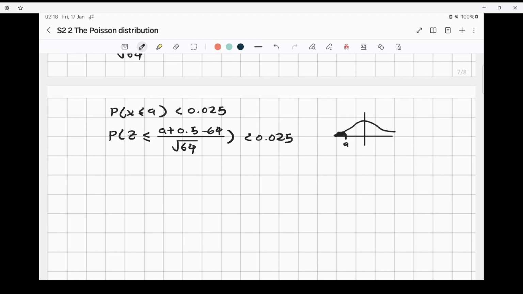So then what you would need to do is to turn it to the other side by multiplying a minus, and this is the area that you need to find. So you perform 1 minus P(Z ≤ ...), and then you multiply the minus sign inside the whole thing.